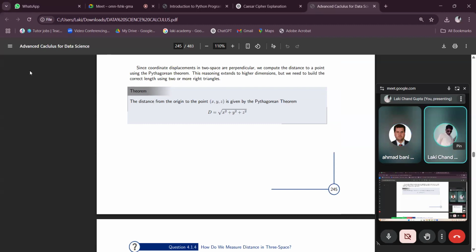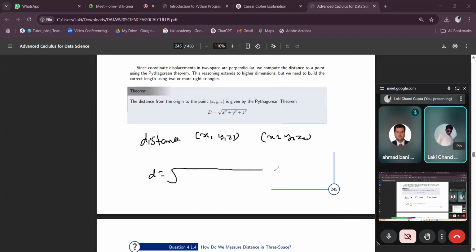This is a very important formula: distance of two points. Write the formula. For the points (x1, y1, z1) and (x2, y2, z2), the distance is the square root of (x1 minus x2) whole square plus (y1 minus y2) whole square plus (z1 minus z2) whole square.